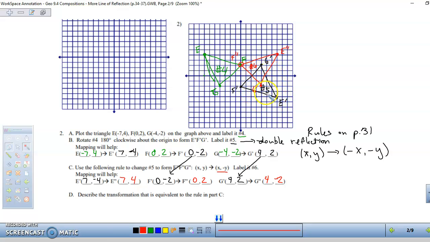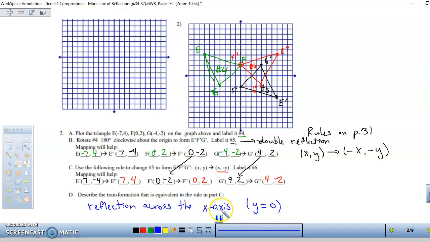So going from the black triangle to the red triangle, describe the transformation that's equivalent to that rule in part C. So pause and do that. So what happened from the black triangle to the red triangle was a reflection across the x-axis. Now, if you were going to actually name the line, the equation of the line would be y equals 0.